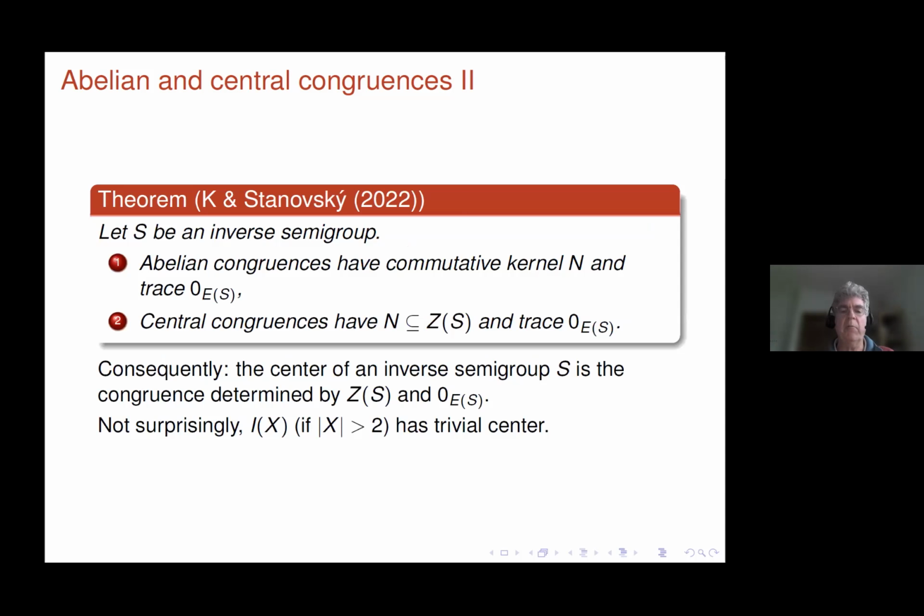Anyway, this is one of the main theorems that David and I came up with. This paper is currently under review and there's a copy of it sitting on the arXiv. So in an inverse semigroup, the Abelian congruences are those where the kernel is a commutative inverse subsemigroup and the trace is equality.